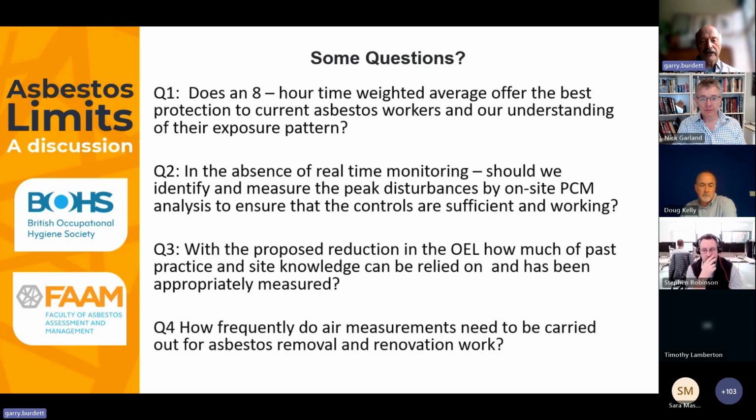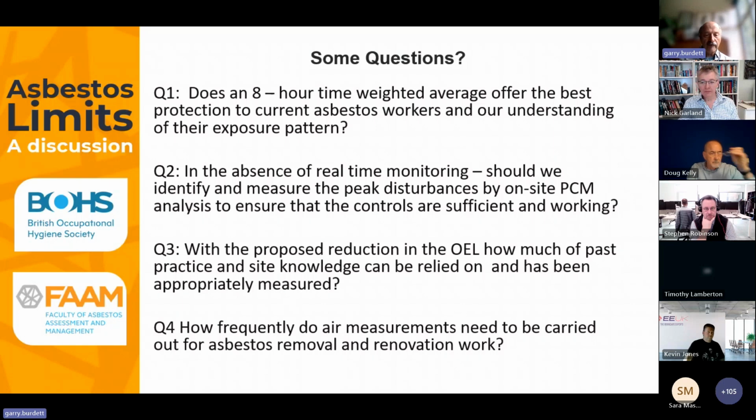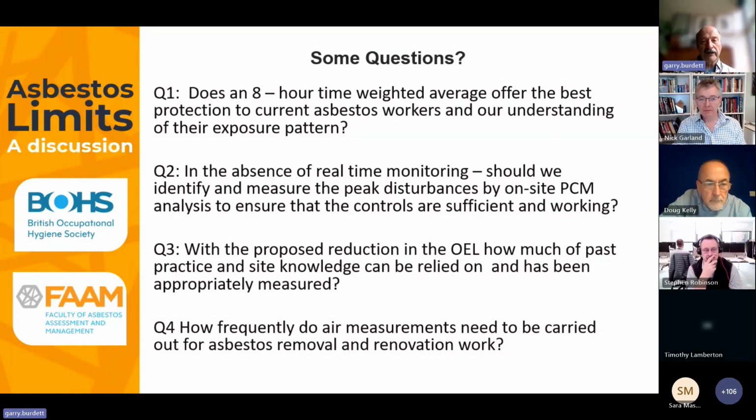So there are 4 questions here. Does the 8-hour time weighted average offer the best protection? Should we do more to identify and measure the peak disturbances so we know how to control and reduce exposure? With the proposed reduction in the OEL, can we rely on all our previous measurements?